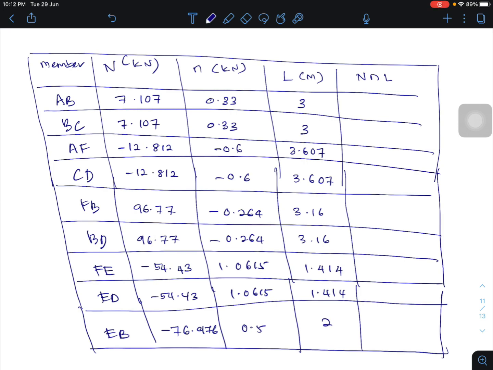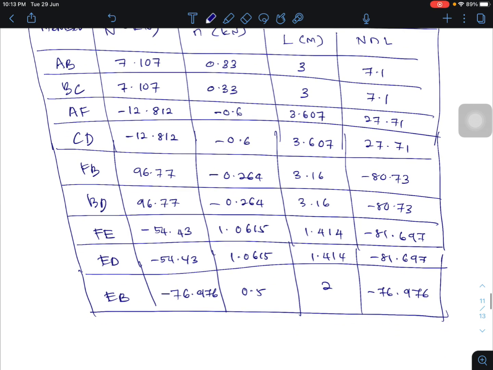Okay, and the products are 7.1, 7.1, 27.71, 27.71, negative 80.73, negative 81.697, negative 81.697, and finally negative 76.976.